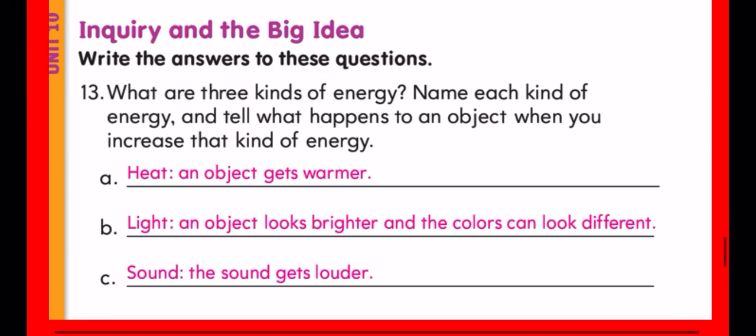So, the first type of energy is heat. When you increase heat, put a lot of heat, the object will get warmer. Excellent. And light. When you increase light, put more light, what is happening?